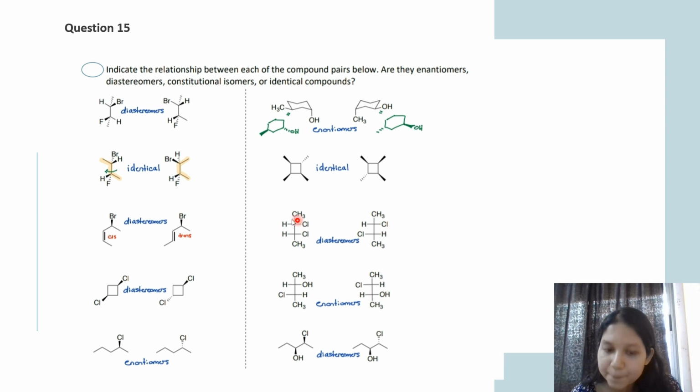For this pair, you have two stereogenic centers in this molecule. This will be the first priority group, this will be the second priority group, and this will be the third priority group. On moving from 1 to 3, we are moving in a clockwise direction, but the fourth priority group is in the horizontal plane, so we will have this one as S configuration.